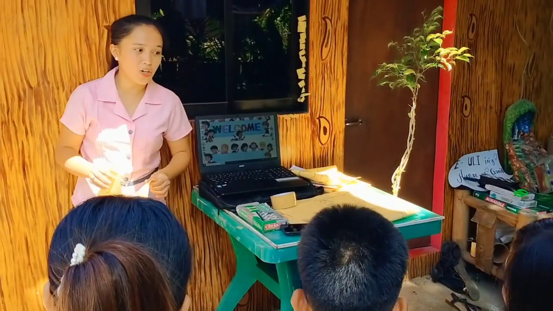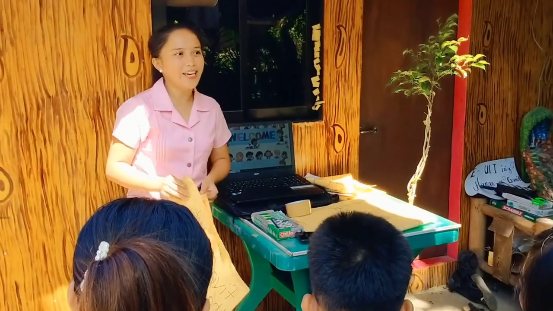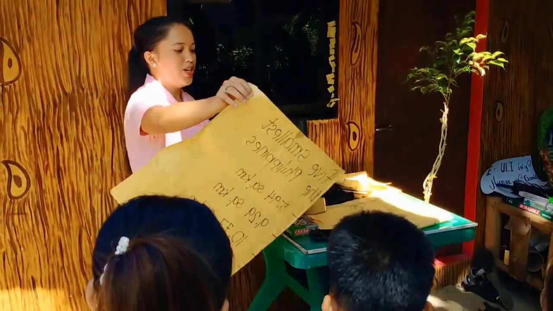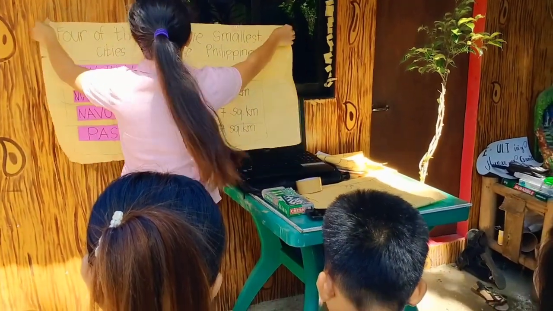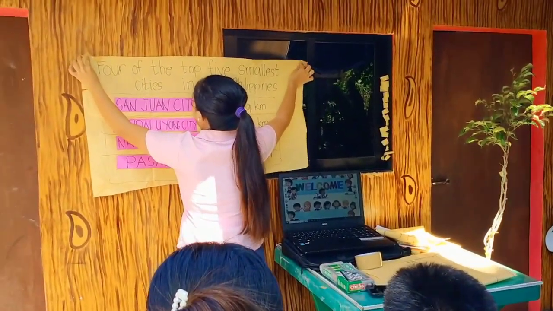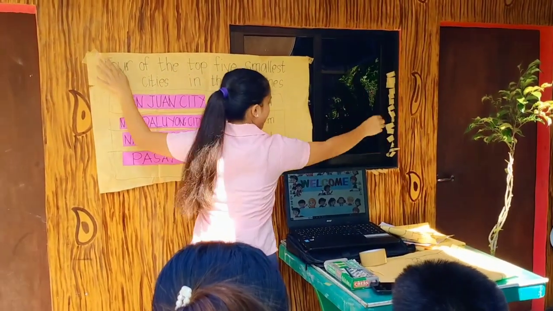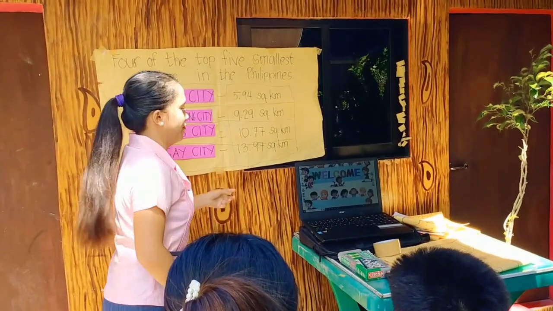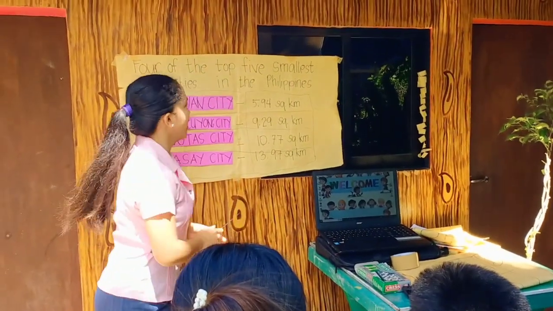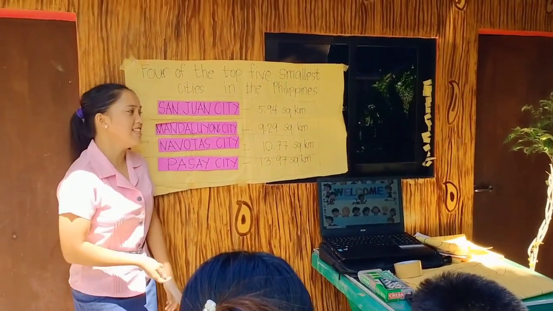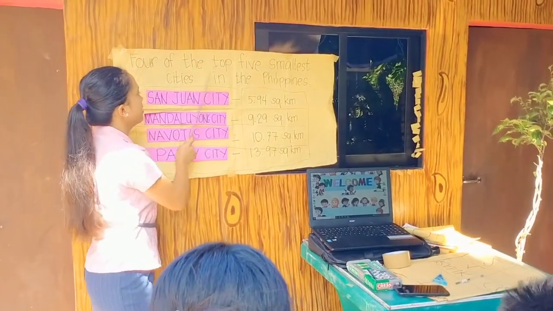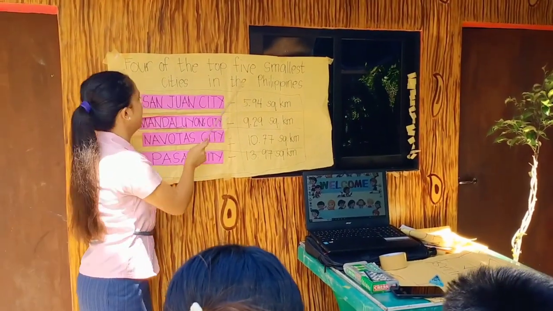Before we go further with our lesson 1, I have something to share with you. Try to look at this chart. Okay, can you read what's in that chart, class? 4 of the top 5 smallest cities in the Philippines.